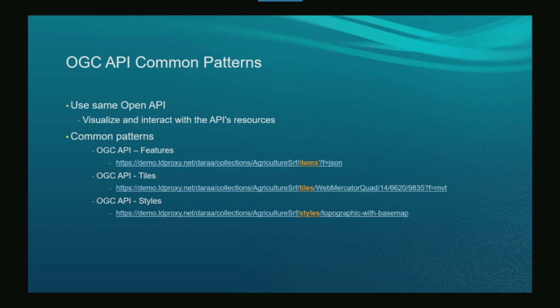These are common patterns. You've seen here, this is the same data set, agriculture, surface. I'm going /items to get the items, /tiles to get the tiles, styles to get the styles, later on maps, and so on and so forth. Same architecture, which makes it super easy.